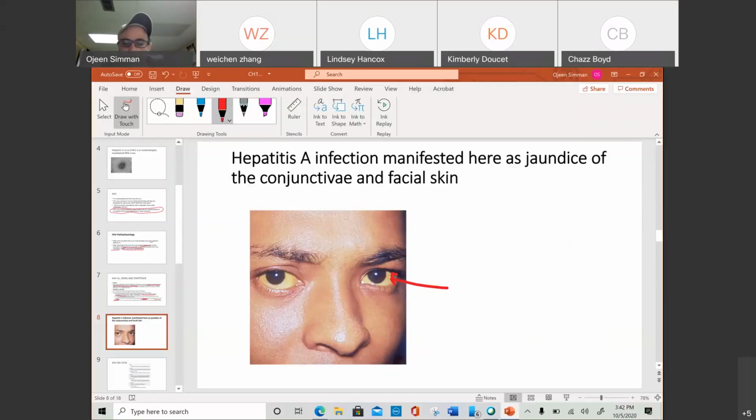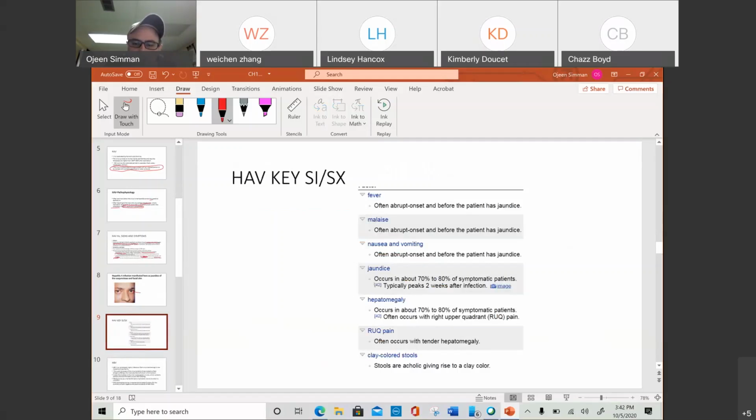Again, these are key signs and symptoms associated with hepatitis A virus infection.